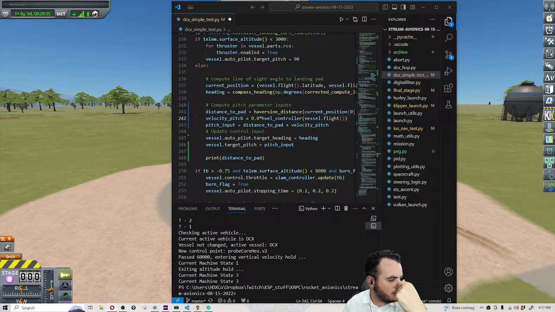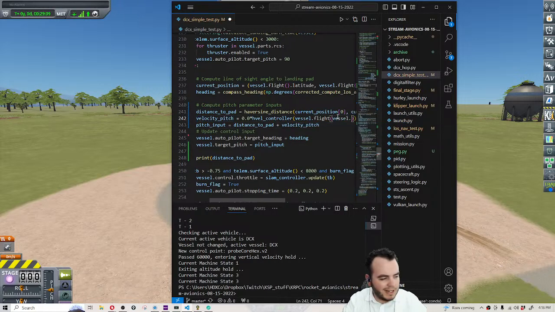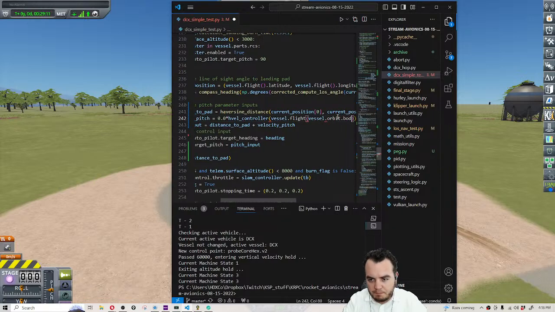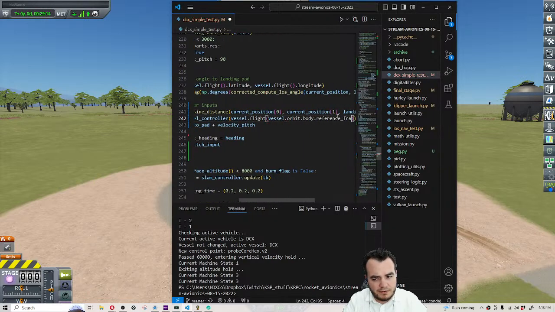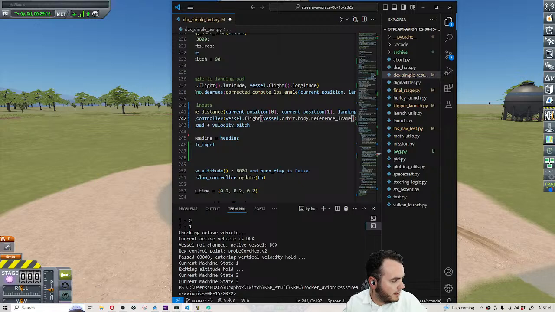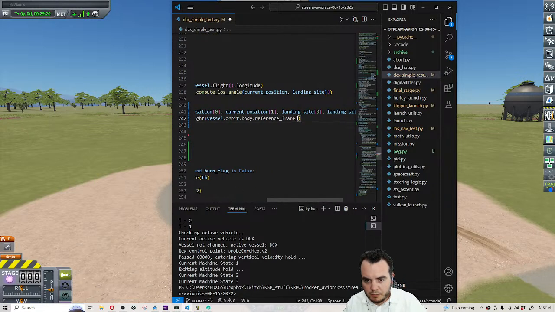It should be vessel, yeah. The vessel dot flight, give it a reference frame, and we're going to want the horizontal speed. Okay, so it'll have to be vessel dot orbit dot body dot reference frame. Is that right? Vessel dot orbit dot body dot reference frame. Cool. And then we're going to want that to be dot horizontal speed. Horizontal speed. Okay.